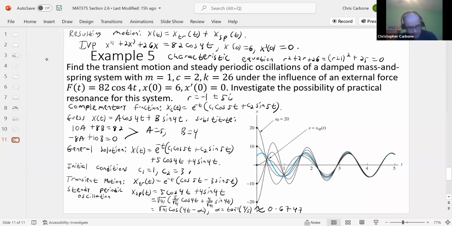Okay, so I need to erase a little bit here so we could go look at the resonance portion now.